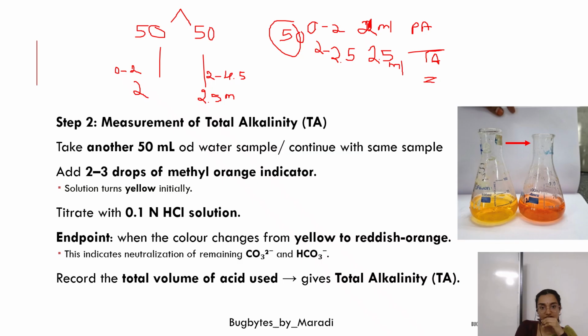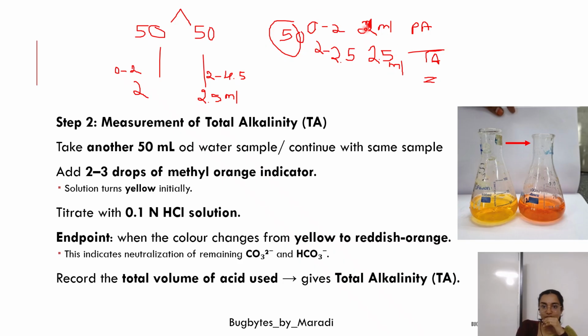I hope the concept is clear for you. If you're taking two separate water samples, once for PA you take 50 ml, and once for TA, you will get the result like this. If you're using the same 50 ml water sample, after finishing PA, you will continue with the TA.